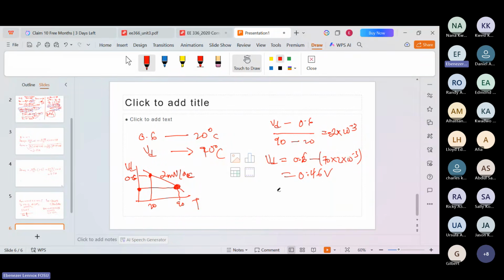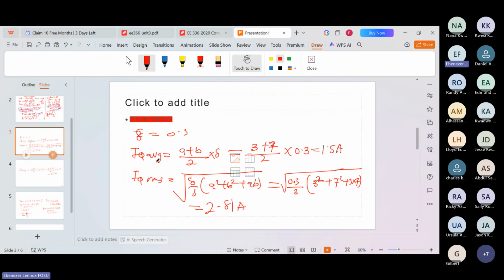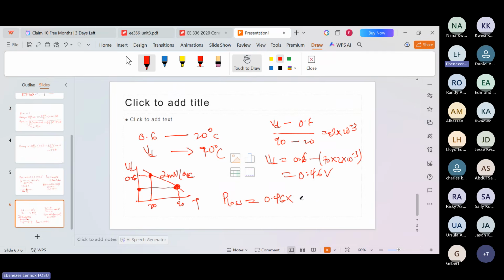Now that we've gotten our R on and VD, the forward voltage, the onset voltage, we can go ahead and calculate the P loss. We are doing this for the IGBT. So we are going to have 0.46 multiplied by the average current of the IGBT, which was 1.5, plus the R on, which was 2.3, times the RMS current.